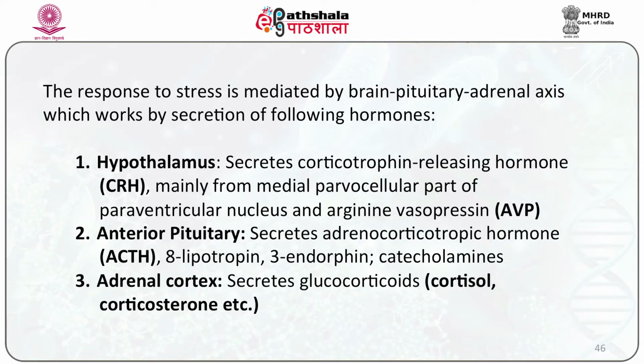The response to stress is mediated by the brain pituitary adrenal axis, which works by secretion of the following hormones. The hypothalamus secretes corticotropin releasing hormone, CRH, mainly from the medial parvocellular part of the paraventricular nucleus, and arginine vasopressin.